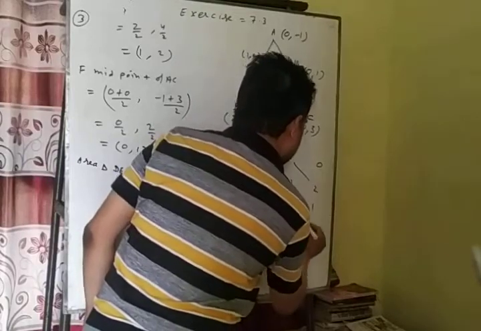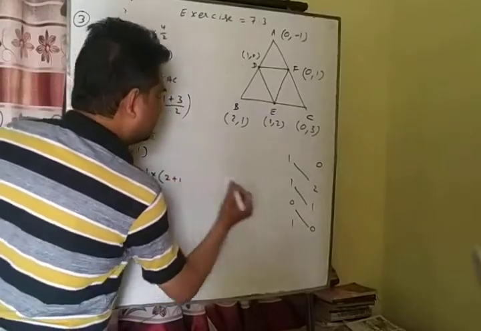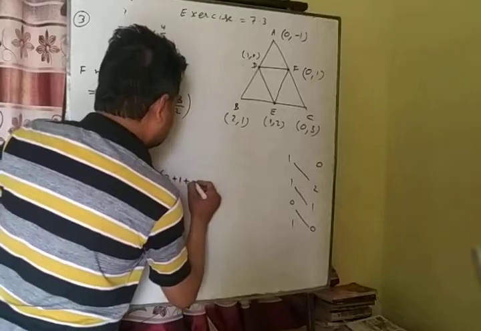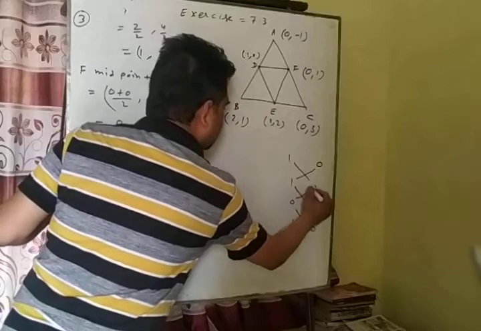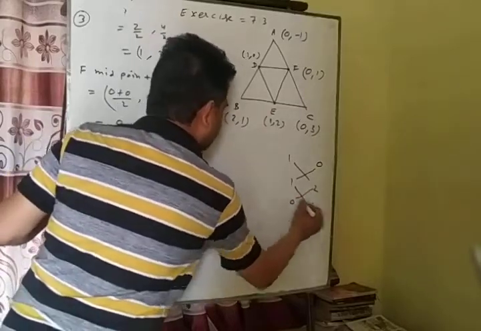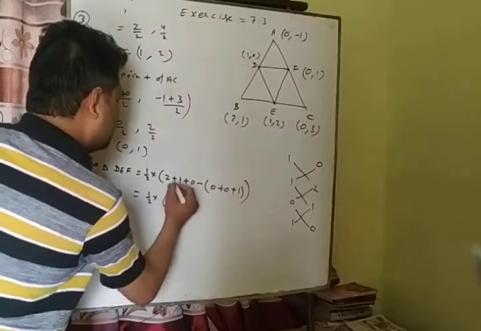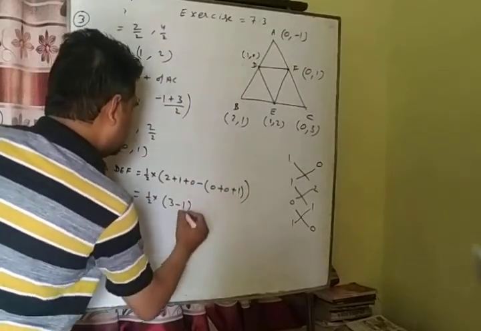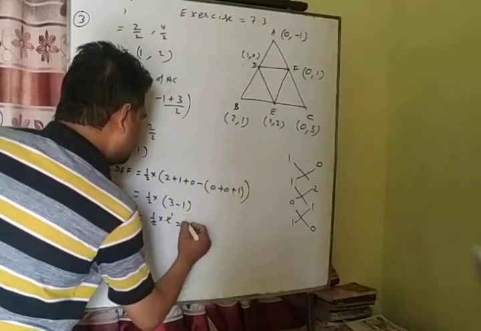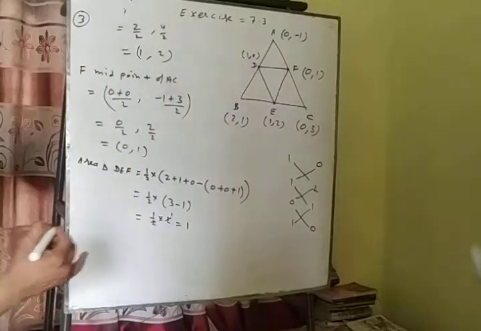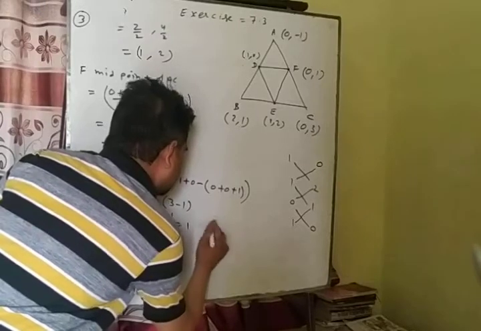This side multiply 2 plus 1 plus 0 minus 0, 0 1, by 2 into 3 minus 1 by 2 into 2 cross 1. Area of this one is 1 square unit.